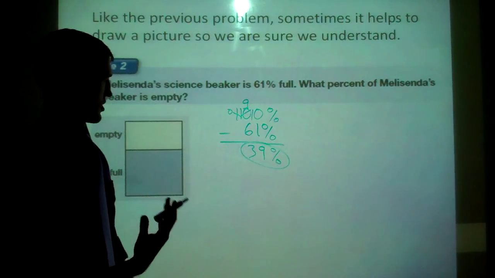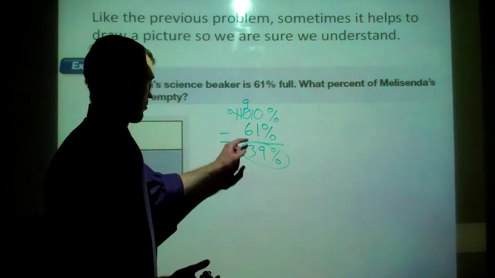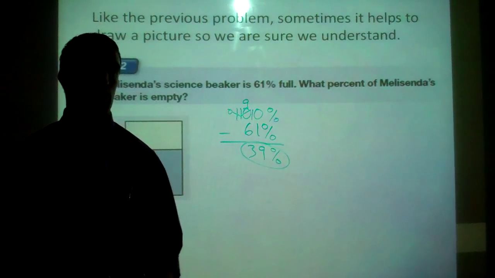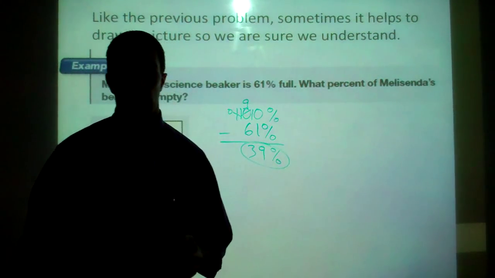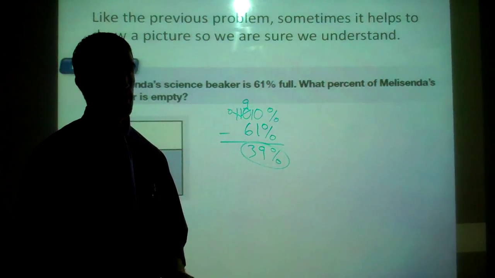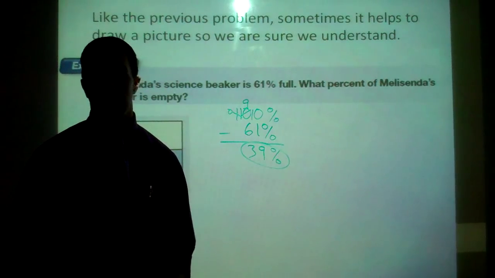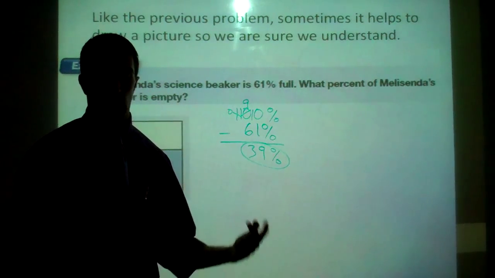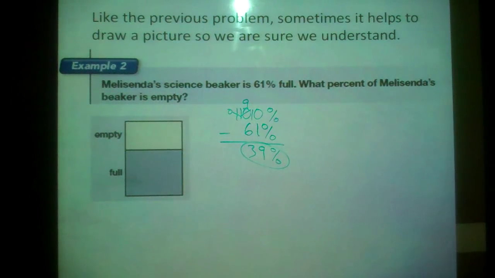Now, just to check our answer, we could do 39 plus 61, and we should get 100% again. That's how we would go about something like that. We call these complementary, basically. 39 and 61 complement each other because they add together to get 100, or 100%.